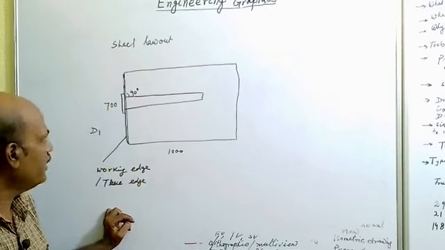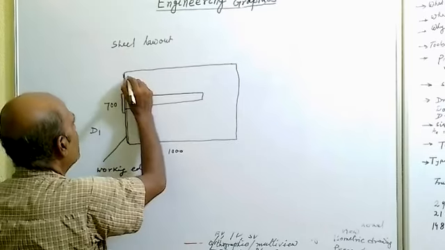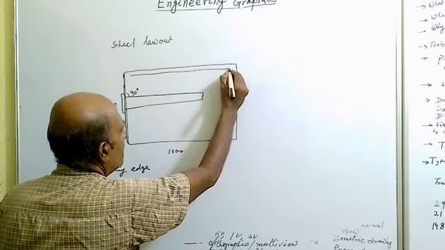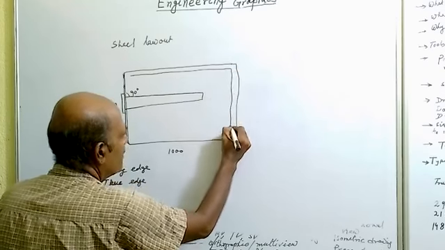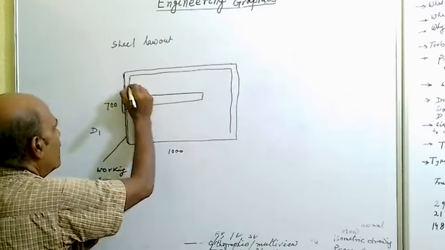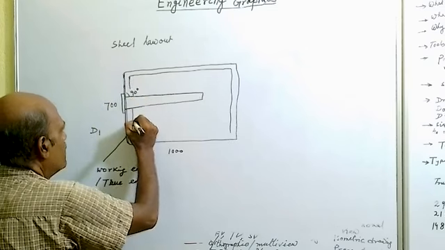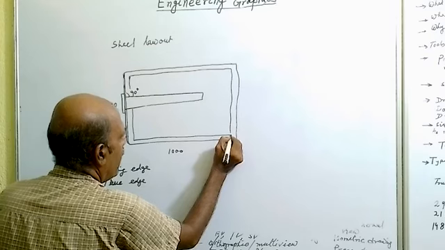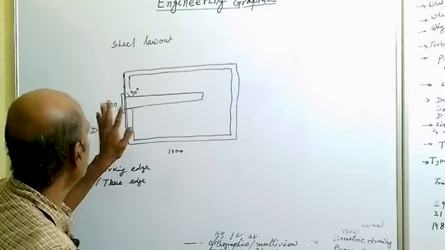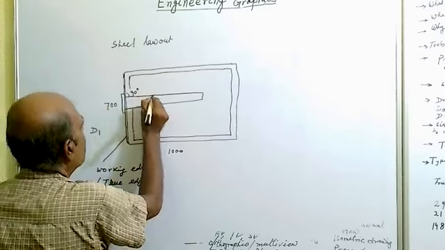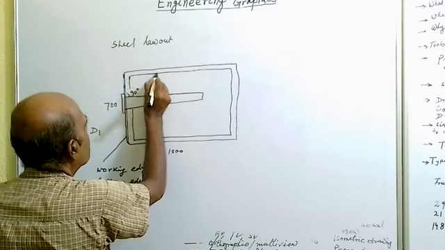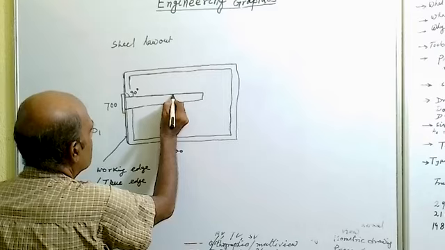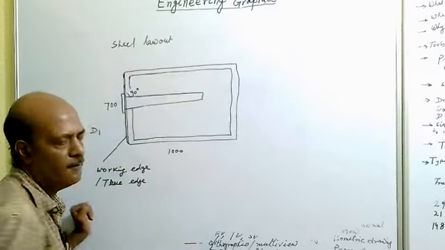Now to lay out the sheet, first place the sheet over the board because the sheet is smaller than the board size. Then place your T-square so that the upper edge of the sheet and the upper edge of the T-square will be in one line.